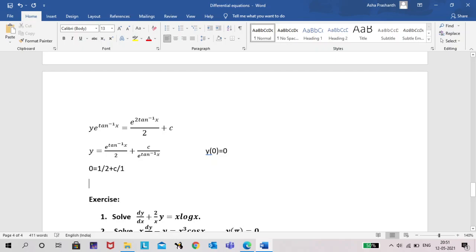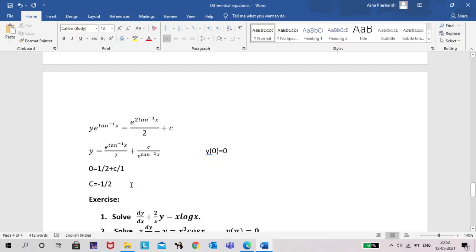In the next step, c is equal to minus 1 by 2. So this is the c value. This is the way of calculating with the condition if the condition is given. For this problem the textbook has not given the condition, so I have not applied it. I'm just explaining how to apply the condition.